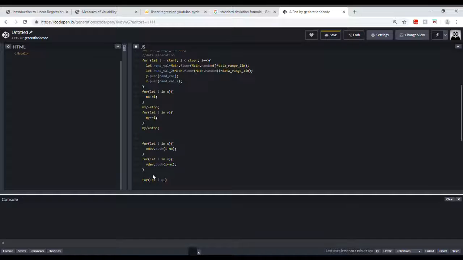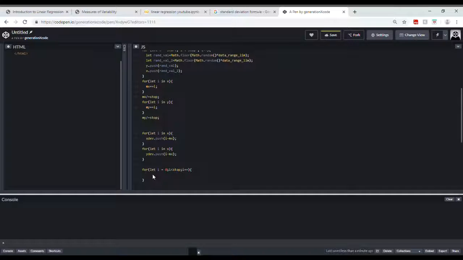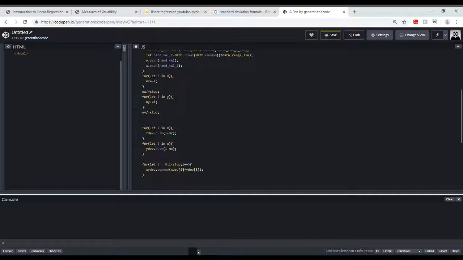That's let I equals 0, I less than stop, and xy dev. Done. Okay, now we're gonna see if it actually works.